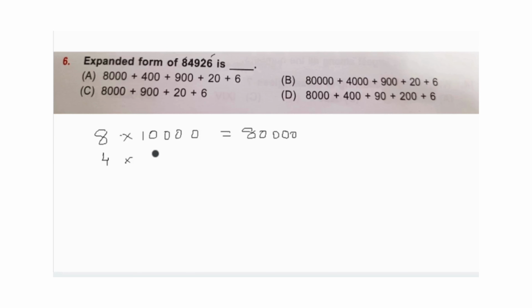So let's multiply 4 by 1000, which gives us 4000. Now the next number is 9. The place value of 9 is 100. So 9 multiplied by 100 is 900.